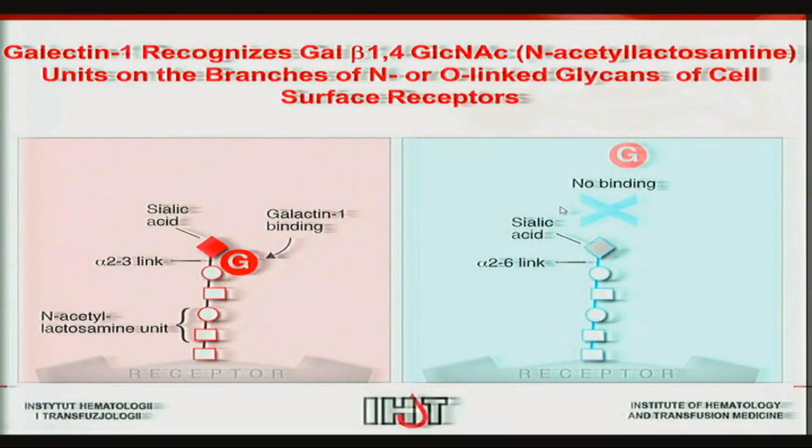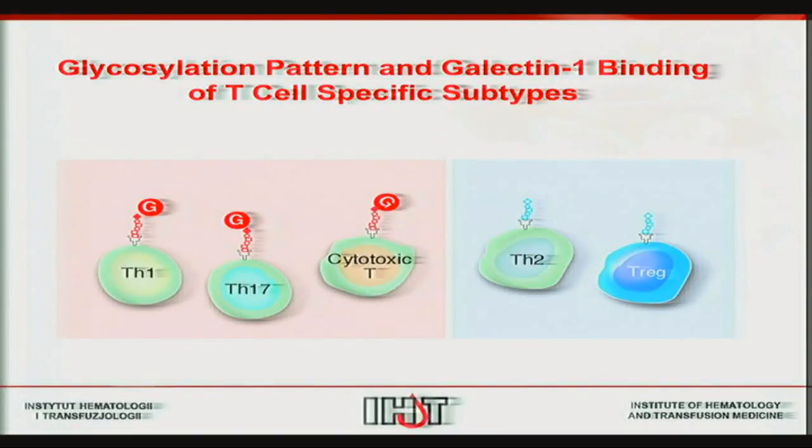And it happens that different subpopulations of T cells express different sialic acid transferases that attach this sialic acid in different configurations. And these T cells that are capable of mounting immune response, so Th1 cells, Th17 cells, and cytotoxic T cells, are permissive to galectin-1 binding, whereas Th2 cells, Treg cells, immunosuppressive cells do not bind galectin-1.